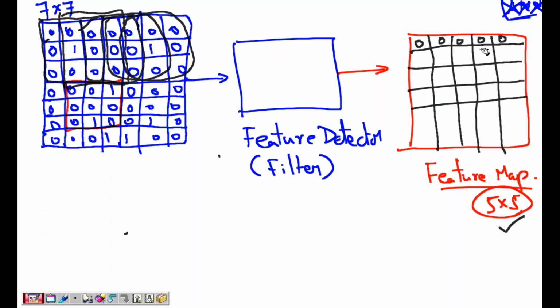Still 0. Similarly, next time, take this one. What will you get? Zeros. Take this part again. Still zeros. Next, take this part. One matched. Yes, one matched.